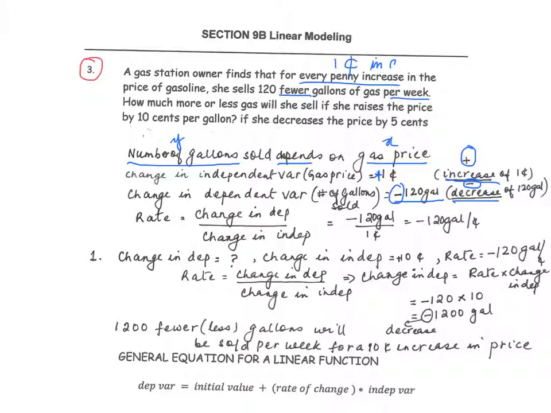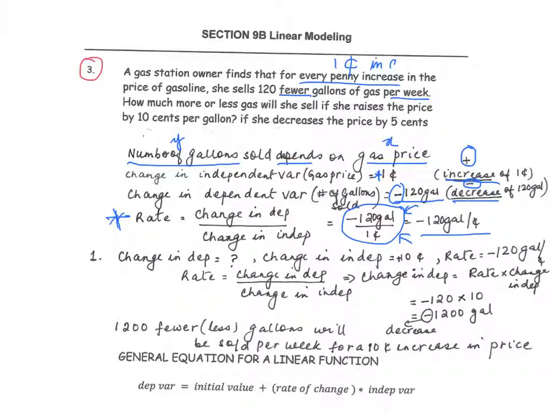The change in the number of gallons sold, that is the change in the dependent variable, divided by the change in the independent variable. So we divide one by the other, and we get negative 120 gallons per 1 cent of increase.